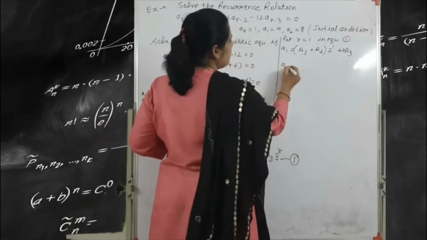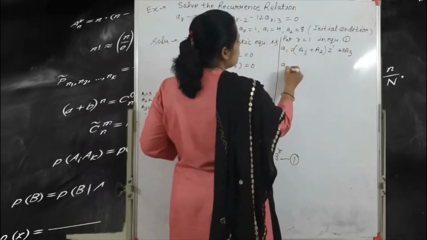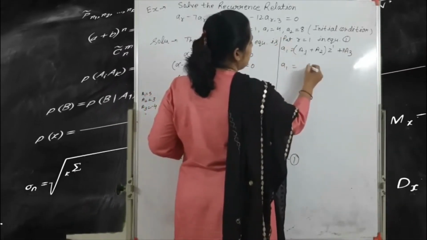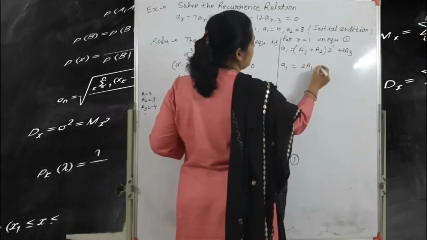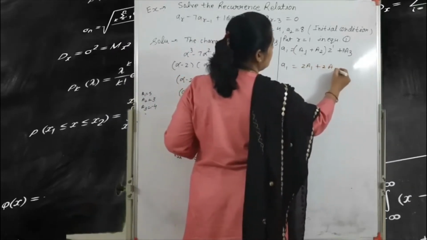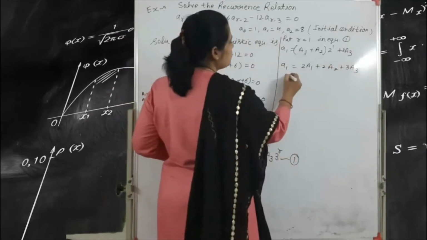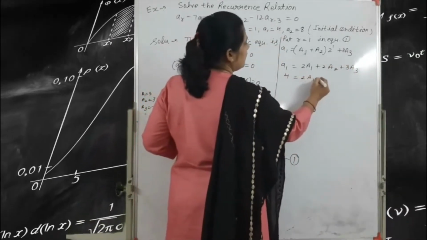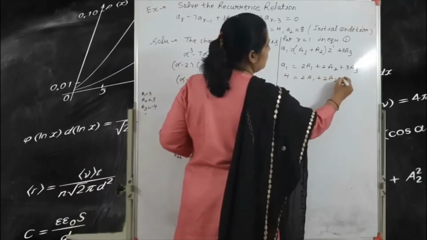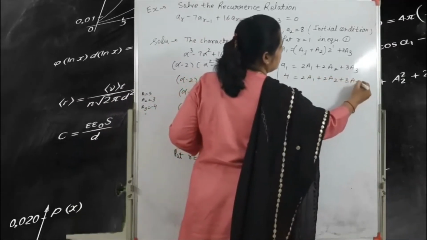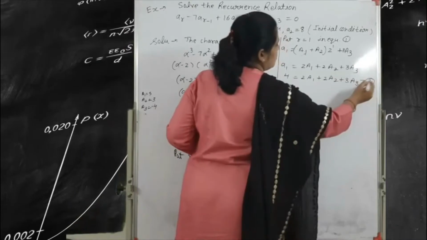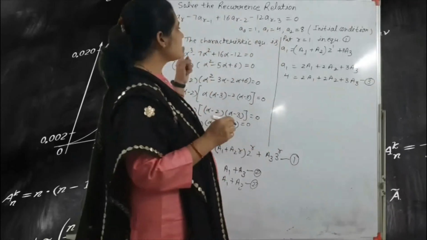Here a1 is equal to 4, so 4 is equal to 2a1 plus 2a2 plus 3a3. This is your third equation. Got it? Next equation is what?